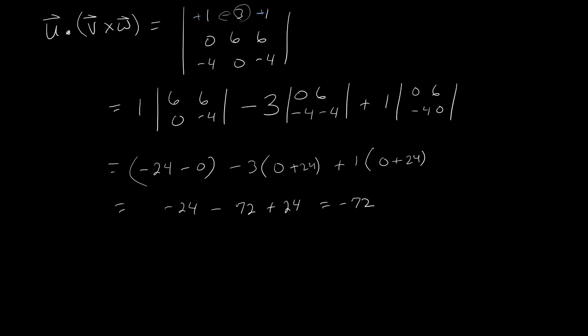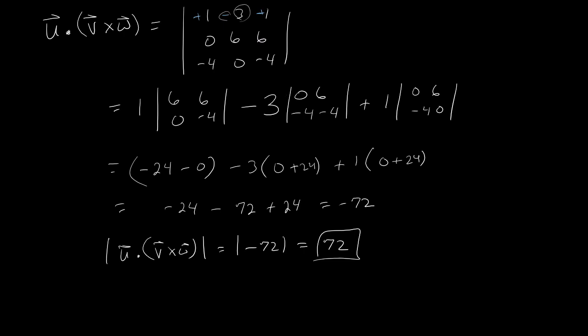Okay, so the absolute value of that is equal to 72. So the volume of this parallelepiped formed by these 3 vectors is 72 cubic units, whatever those units are. Since we weren't asked to give units specifically, we can leave it at 72.